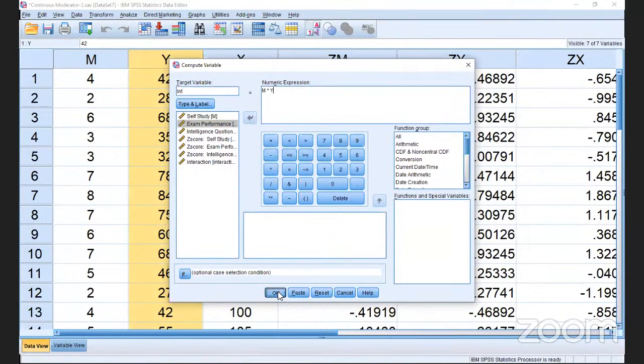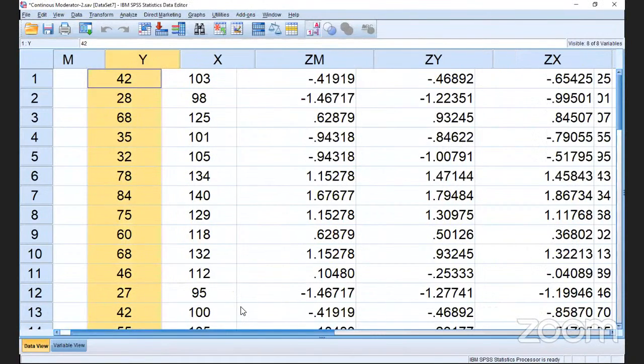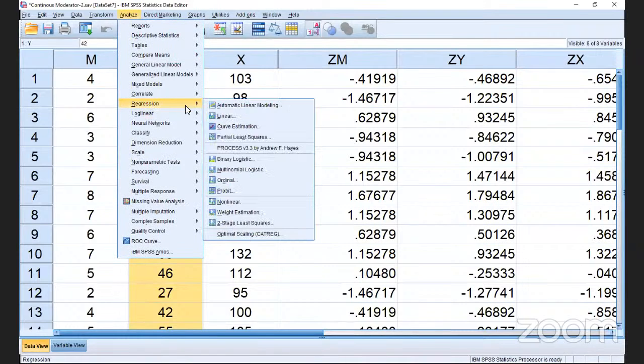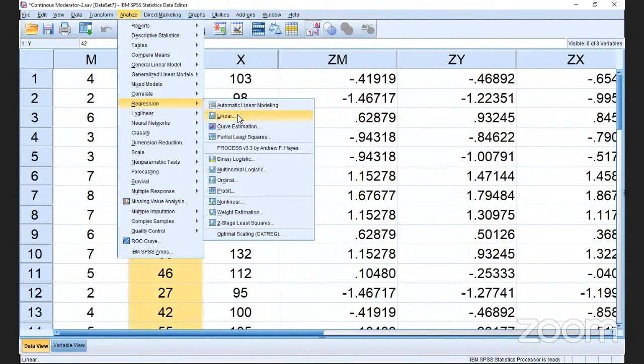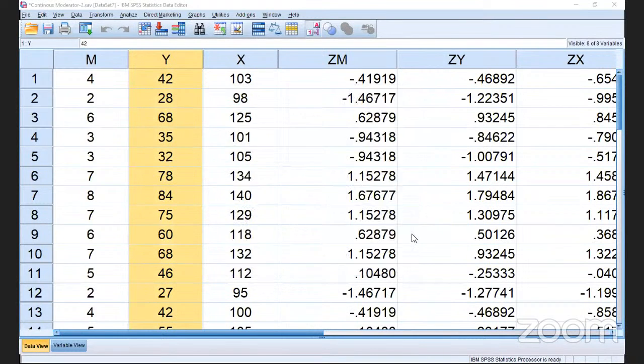Then okay, and after okay we can see the continuous moderator. So the next: I'm performing with the unstandardized scores, same case study. Analyze, regression, linear, then exam performance, IQ, self study, and interaction. Okay, and then okay.